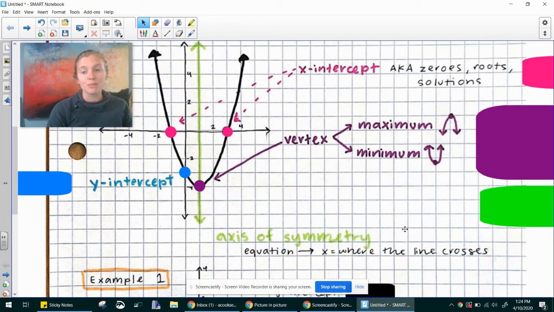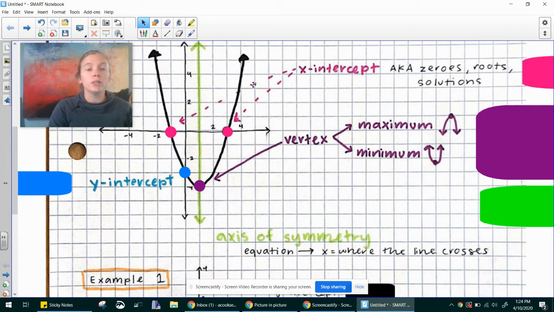And that number is where the line crosses. In this example, our equation for the axis of symmetry would be x equals 1 because our axis of symmetry crosses the x-axis at 1. We'll look at an example in a second for how we make the equations for axes of symmetry.